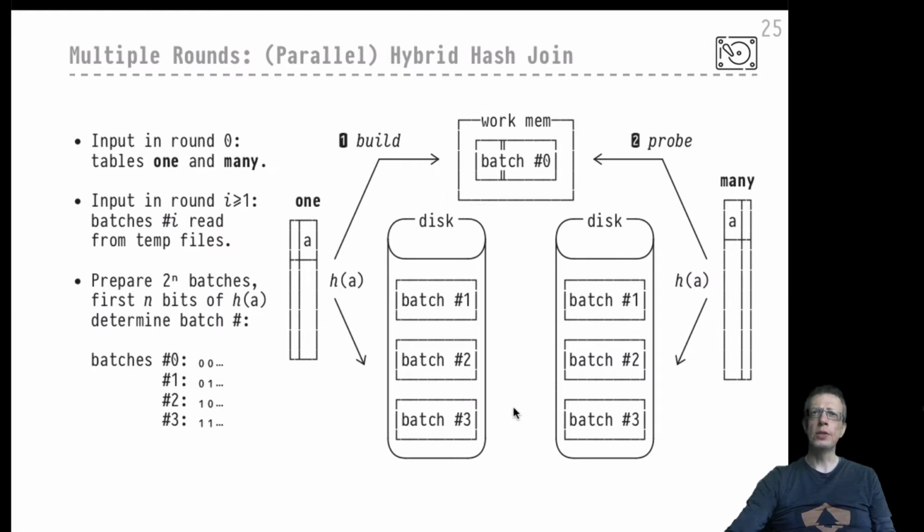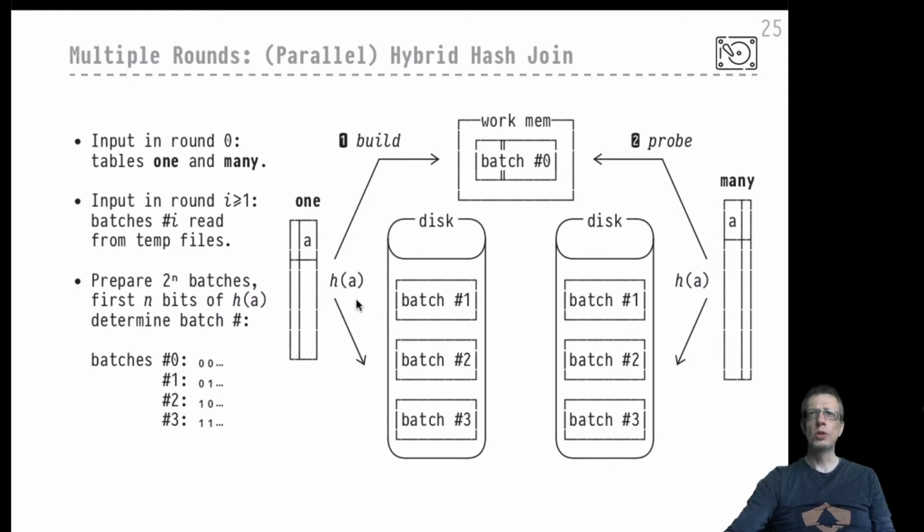What rows belong into batch 0, the first batch that can actually be created in main memory, and what rows belong into the other batches, the other hash table partitions that will have to be placed on disk, is decided based on the hash value.